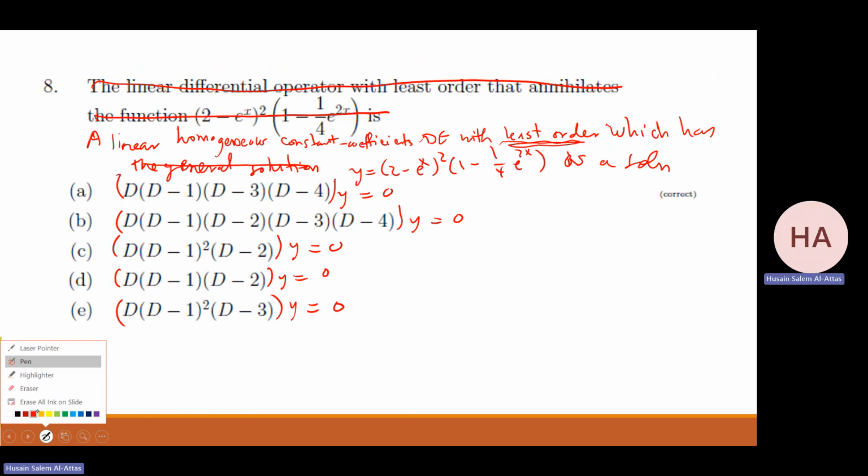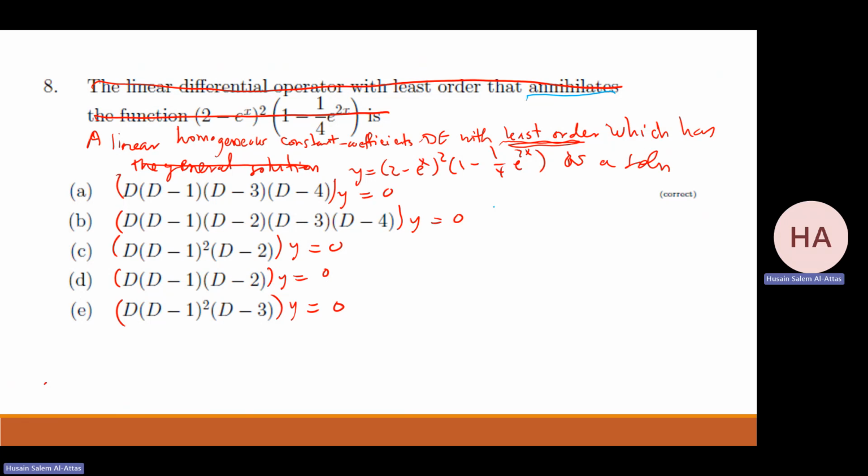As I said, those were questions for Math 202. I tried to change it so that it will fit Math 208. In Math 202, they have this annihilator, which is not part of Math 208. But I constructed the question in a way it can be for Math 208.